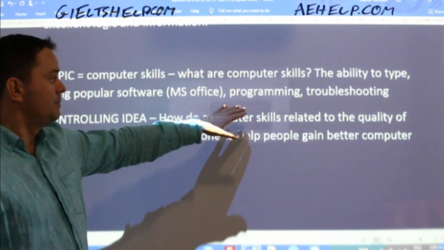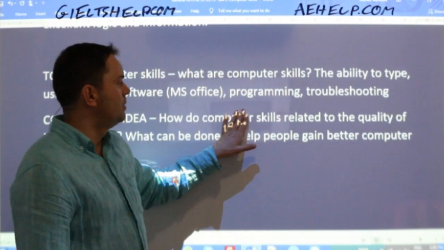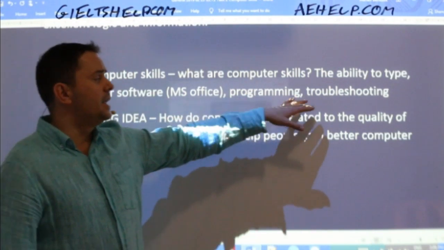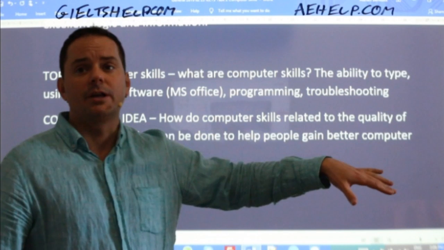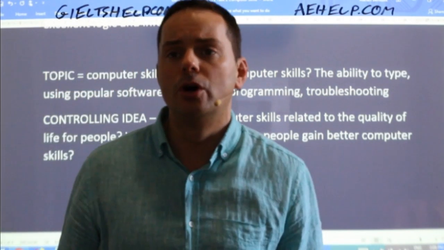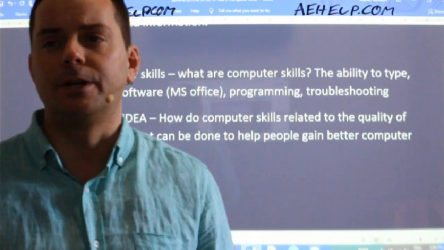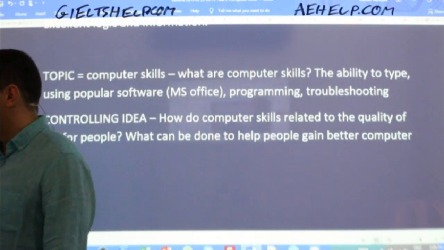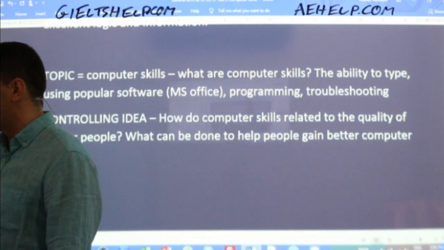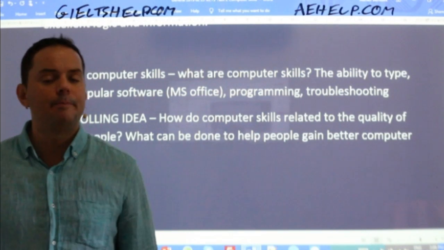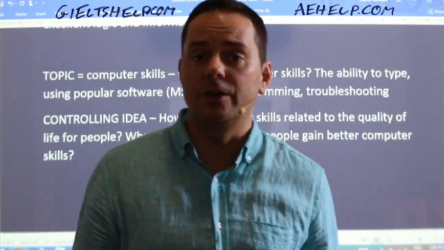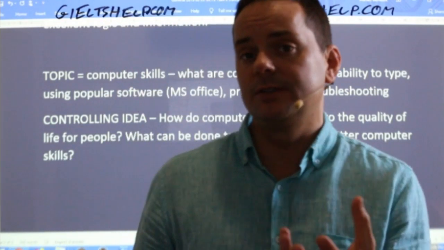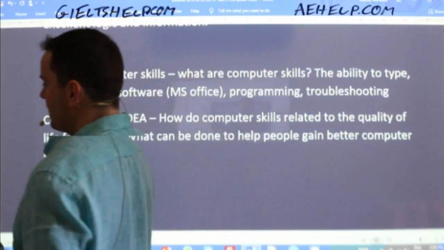I think Pachu maybe said, or Kyber said programming, which could be, and I added troubleshooting, okay? So those are important, okay? All right, so that would be good to use in the background, okay? So in the background, you should tell your reader your understanding of the concept of computer skills in today's world, okay?